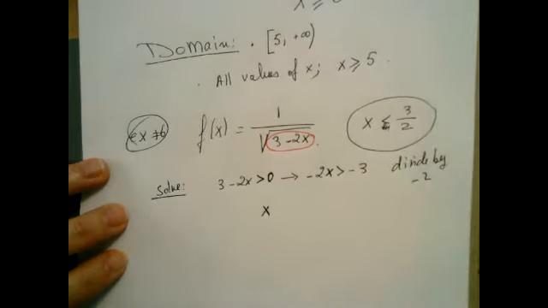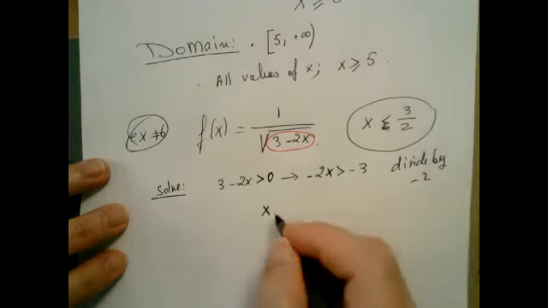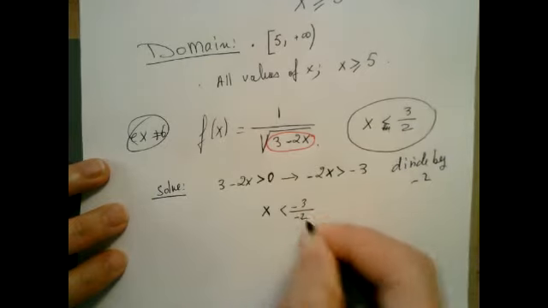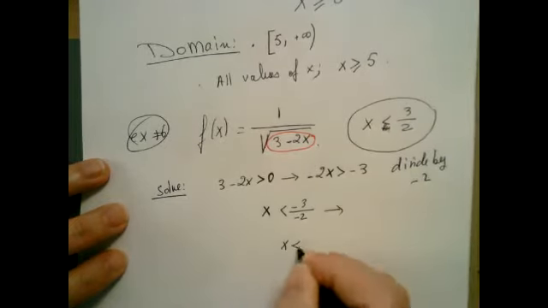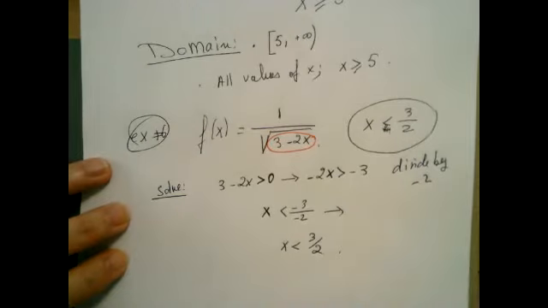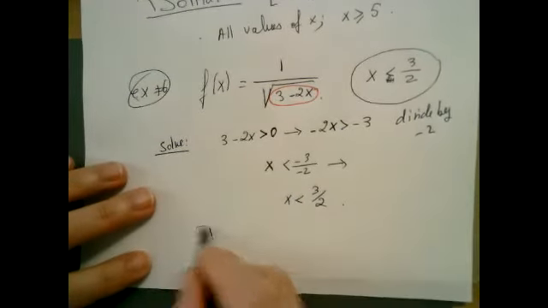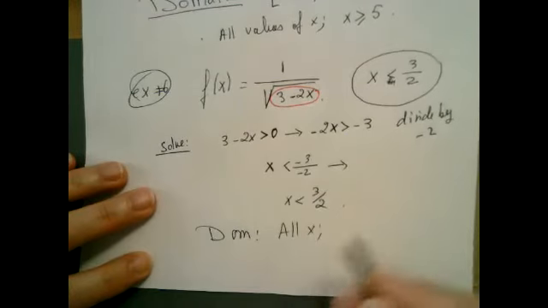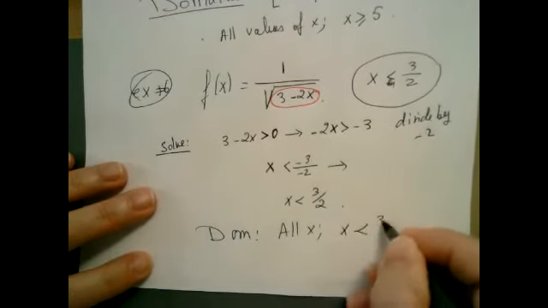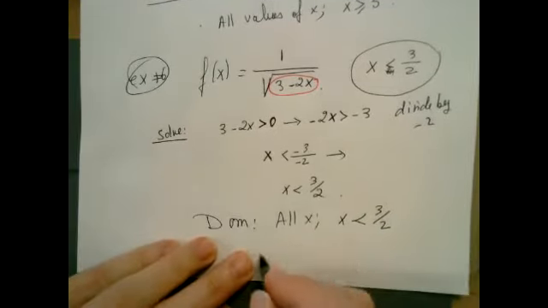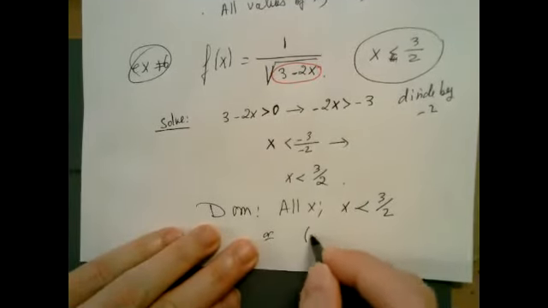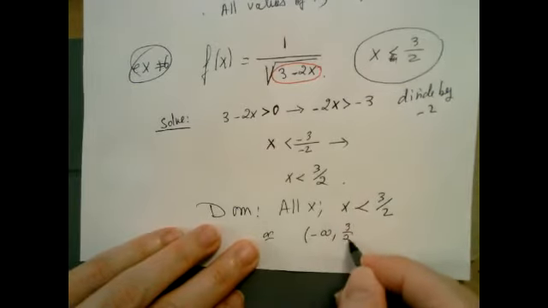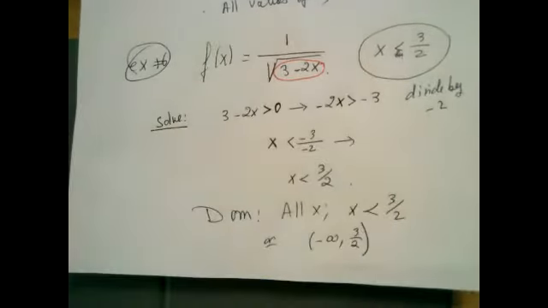So this will give me x strictly less than -3 over -2, which means strictly less than 3/2. So the domain is all x such that x is strictly less than 3/2, or in interval notation, from -infinity to 3/2, open at 3/2.